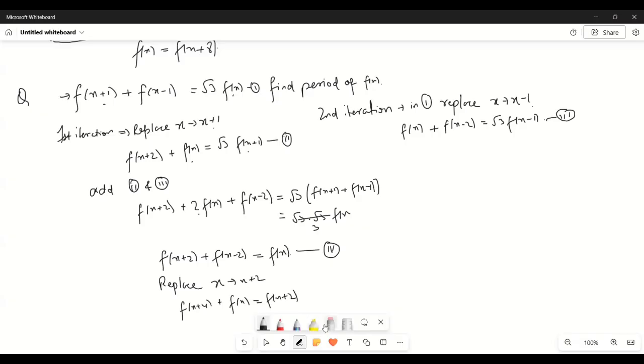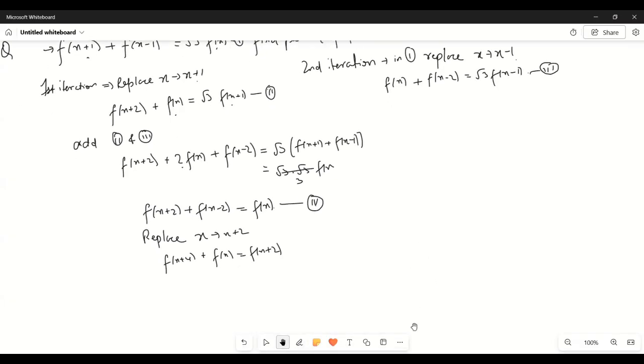Now add both sides. On adding, f of x plus 2 cancels, f x cancels. We get f of x plus 4 plus f of x minus 2 is equal to 0.